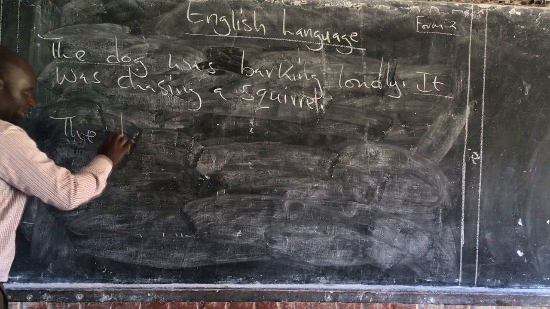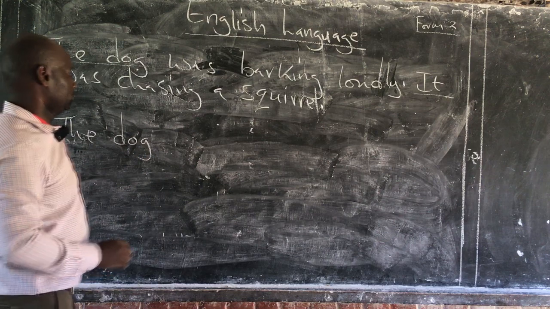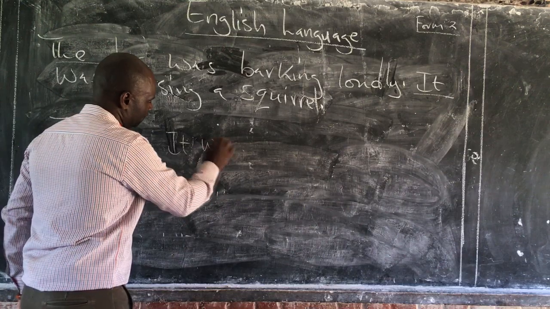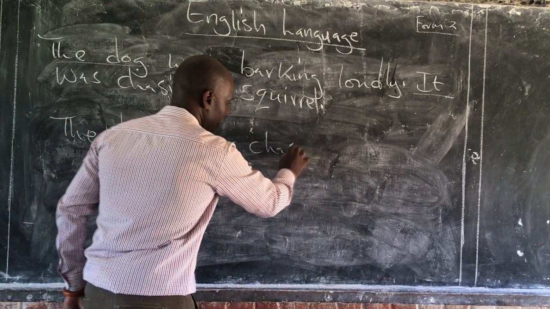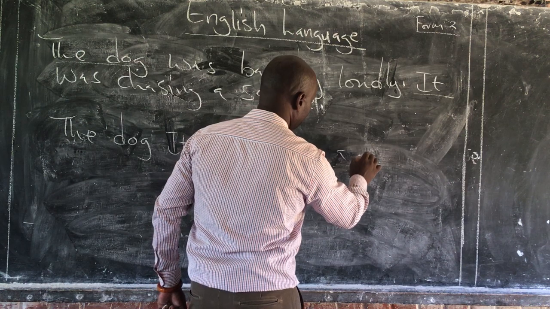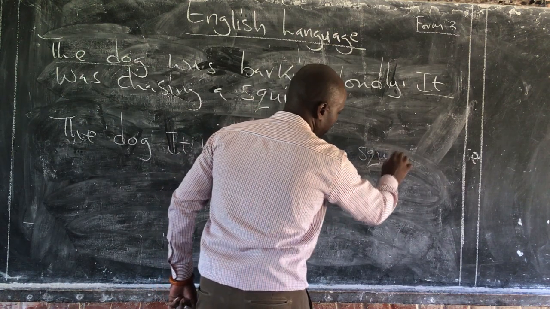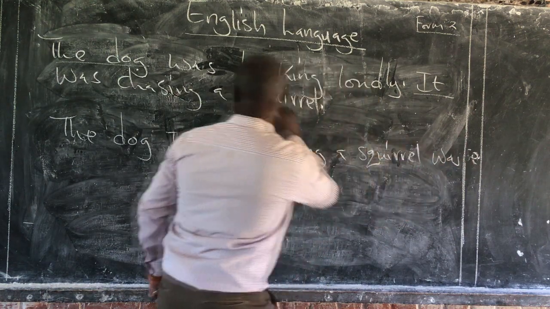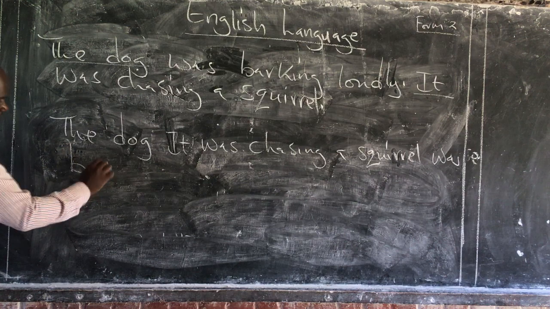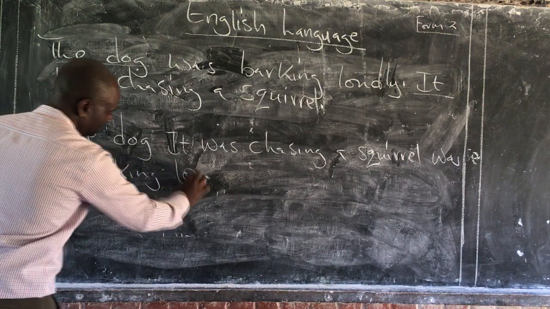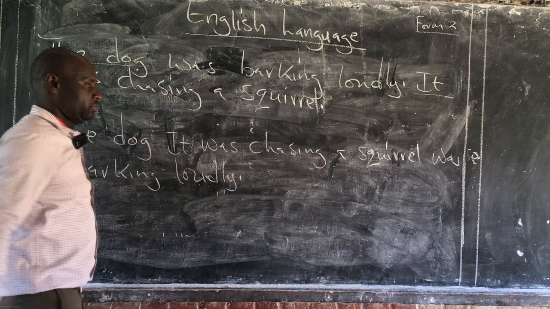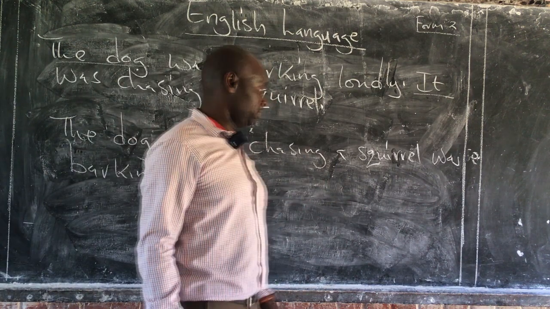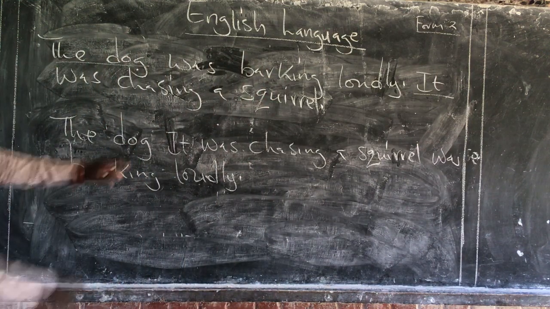The dog, it was chasing a squirrel. Was, we continue with this one, barking loudly. Full stop. You will notice that grammatically this sentence does not make sense, but we will have to perfect it in the second phase.